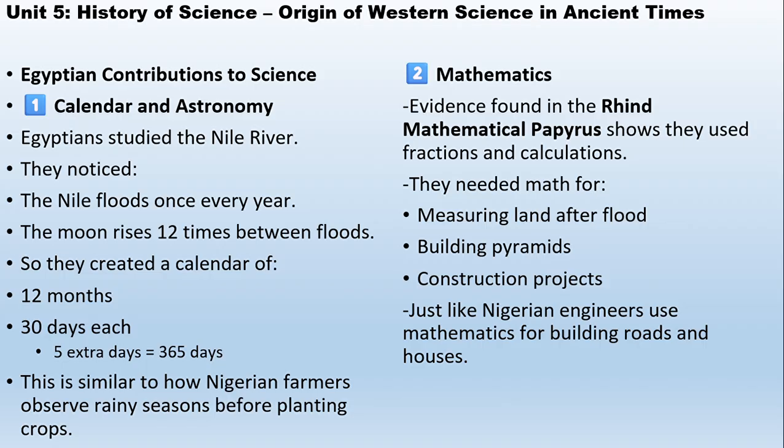For their pyramids in Egypt, they needed math to make the calculations so that everything would fit. So that was why they were able to create mathematics, just like Nigerian engineers use mathematics for building roads and houses. The same way we use math here for construction, that's the same way it originated in Egypt then.